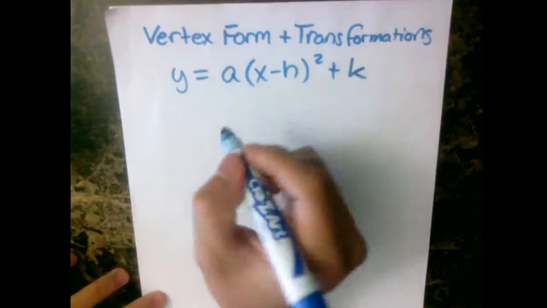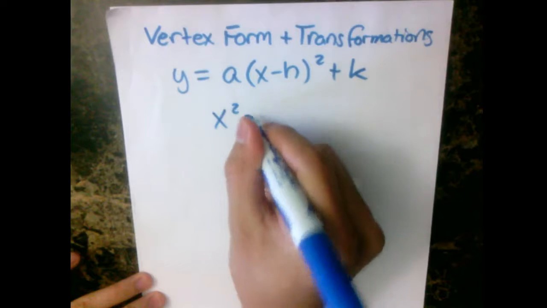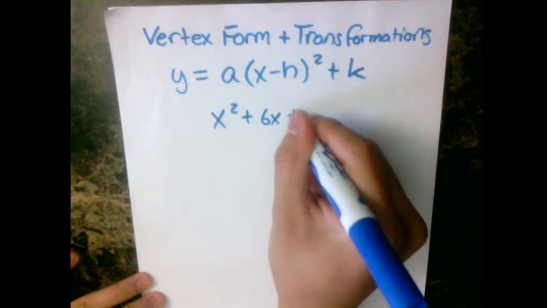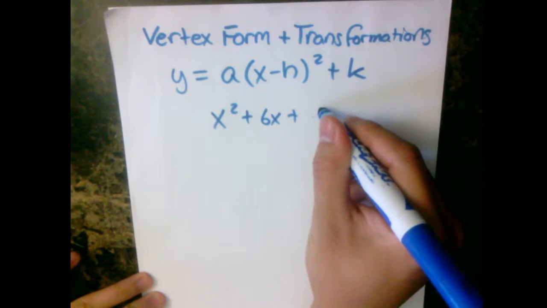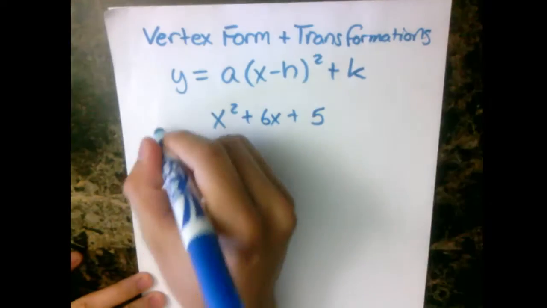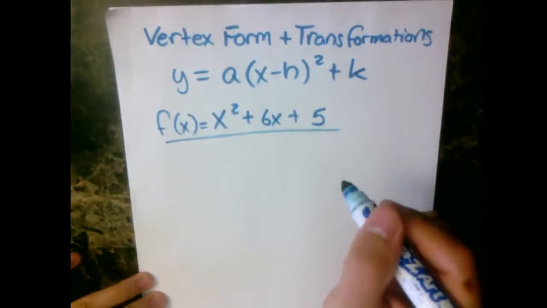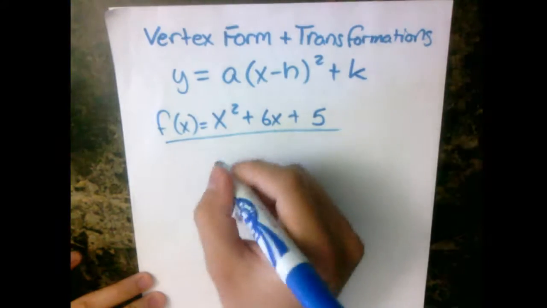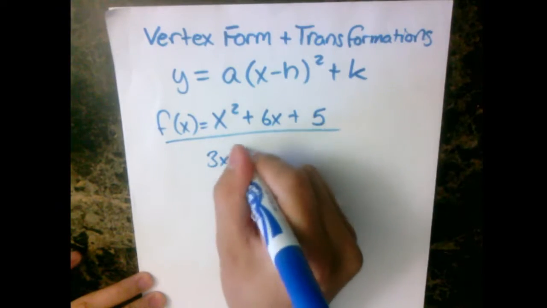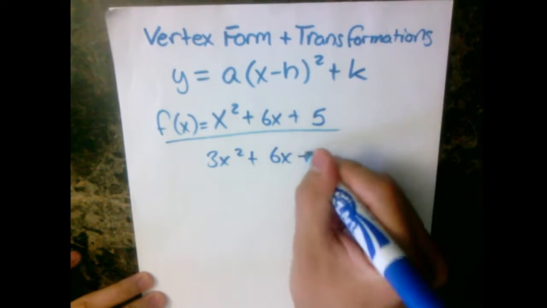I taught you typically how to change something like x squared plus 6x plus, I don't know, 4 or 5 into vertex form, but his video actually covers how to do something like that as well.